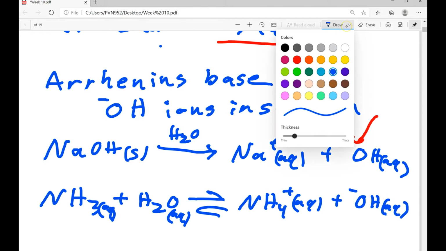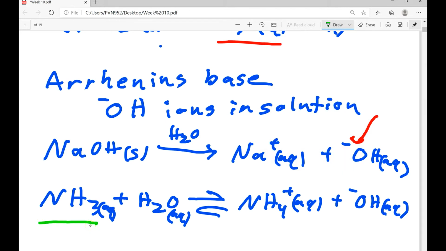So here we can define NH3 as an Arrhenius base because it forms hydroxide ions in solution. Notice for this expression I use the double arrows. This means that there's only partial dissociation, or this is only happening some of the time, as opposed to a single arrow, for instance, with sodium hydroxide, which shows that sodium hydroxide is fully dissociating. So that's the Arrhenius acid concept.